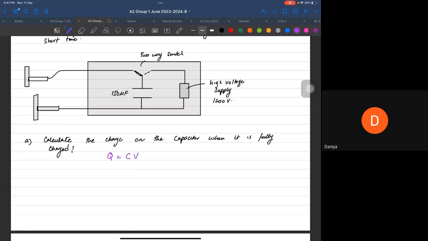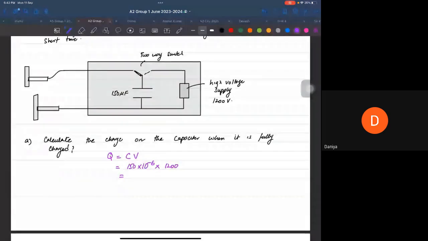Charge is equal to CV, by the way. That's the first equation I told you about the capacitance. The capacitance is 150 micro, micro is 10 to the minus 6, and voltage is 1200. So the total charge that is going to give us is 0.18 coulombs.